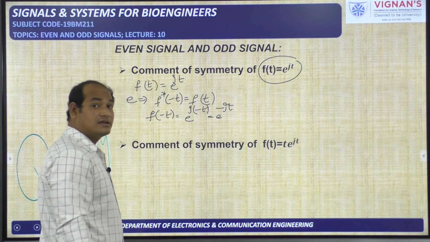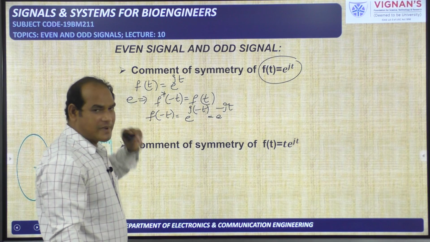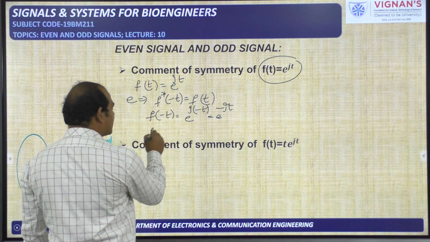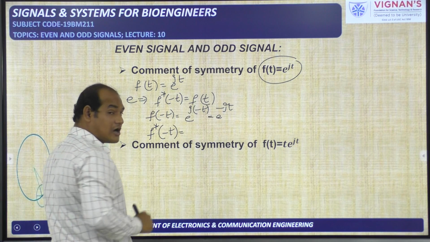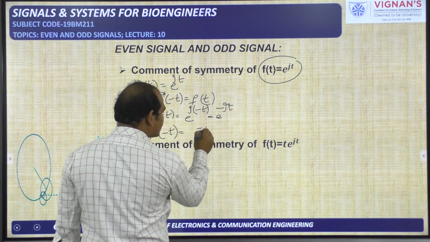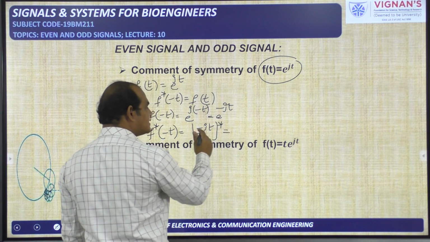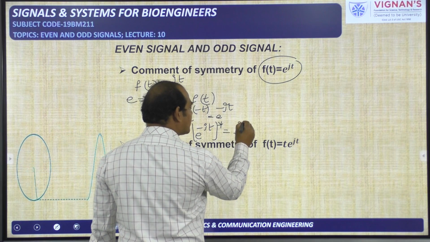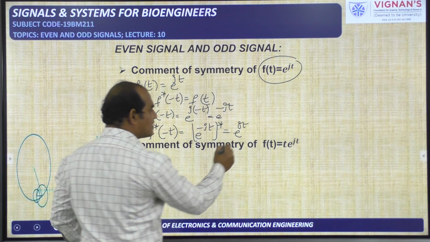This is f of minus t. Now we need to find f star of minus t, that is the complex conjugate. The conjugate of this particular signal, e power minus jt star, will become e power jt. This e power jt is looking like the original signal f of t only.